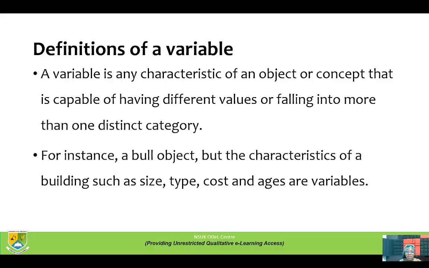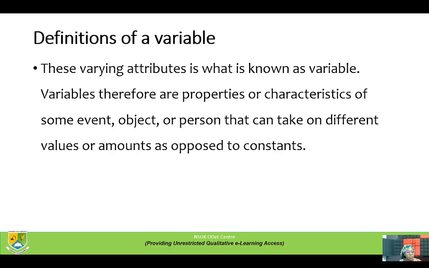A variable is any characteristic of an object or concept that is capable of having different values or falling into more than one distinct category. For instance, for a building, characteristics such as size, type, cost, and age are variables.